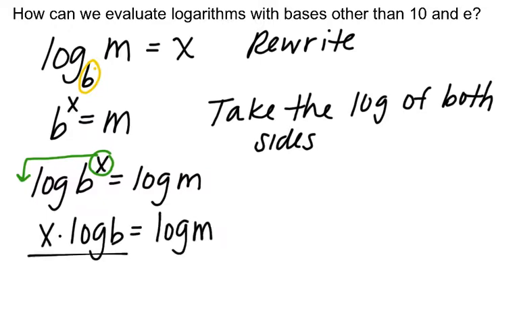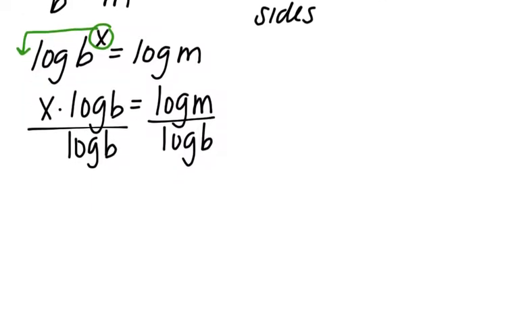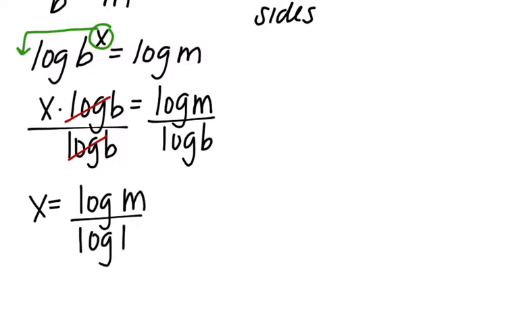And then just finish this up solving for x. We can divide both sides by the log of b. So dividing out the log of b on the left-hand side gives us that x is equal to the log of m divided by the log of b.